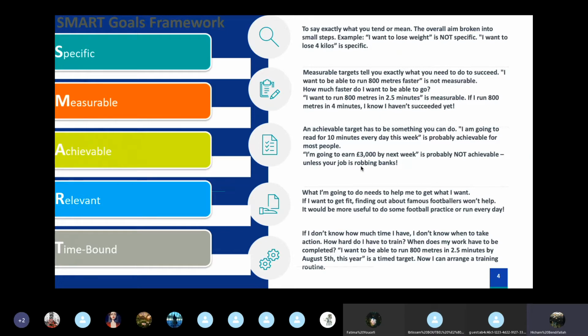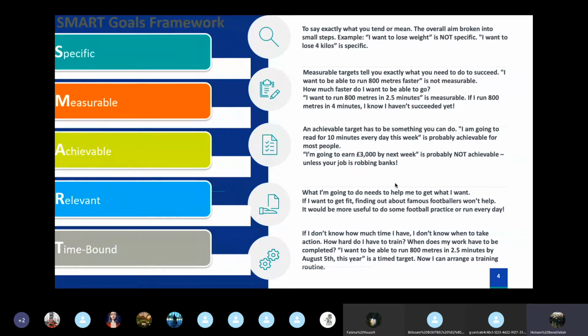Coming to achievable, in most of our objectives or targets, we need to make sure that we can achieve them. As I said, we cannot set something we are not able to do. We need to understand, within practicality, whether we are able to reach something like that or not.